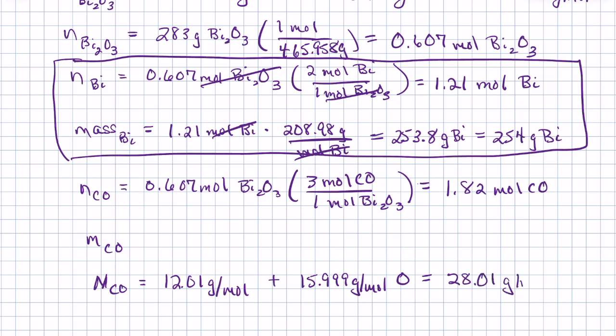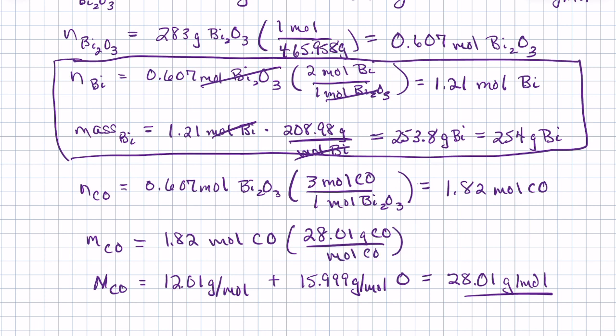So we're going to use that value here, and we're going to take our 1.82 moles of carbon monoxide, multiply it by the molar mass of 28.01 grams of carbon monoxide per mole of carbon monoxide. Again, dimensional analysis, the moles cancel.